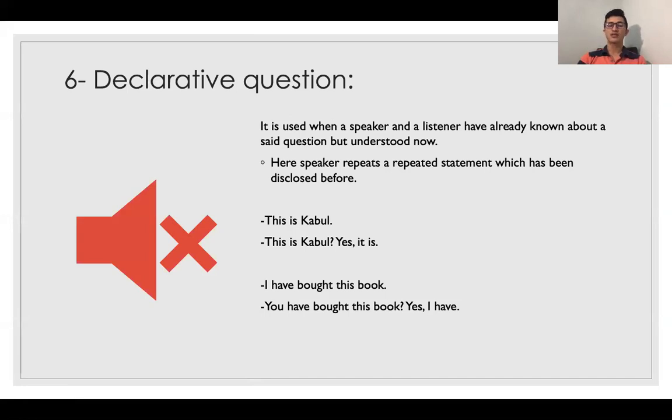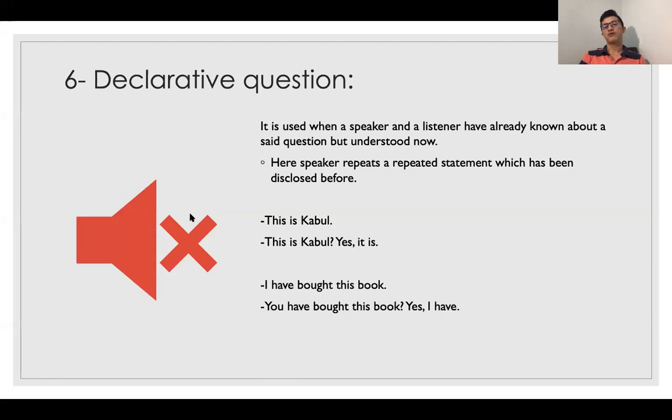So it is used when the speaker and listener have already known about the said question but understood now. For example, I recently understood something and I just want to ask the question and repeat it to show somehow my surprise about that, okay?